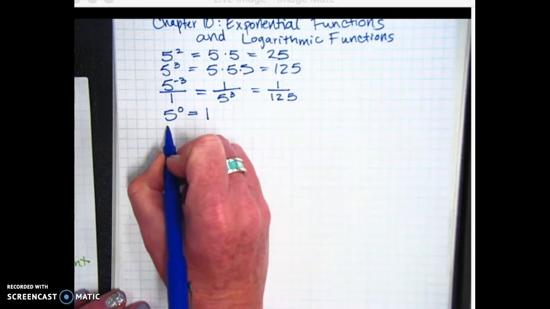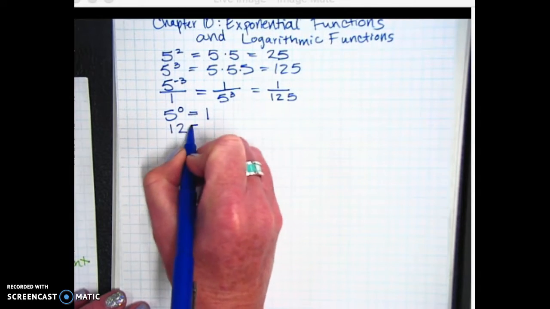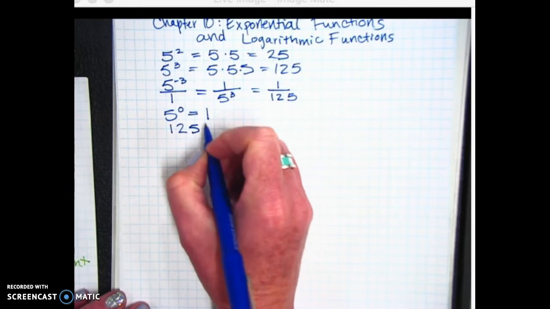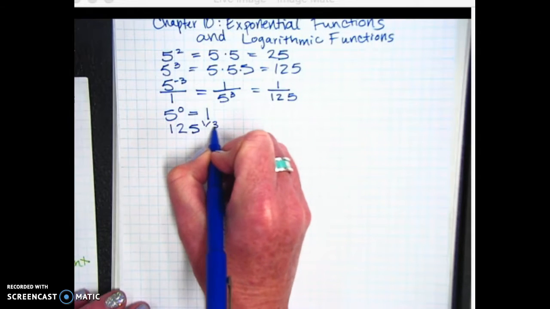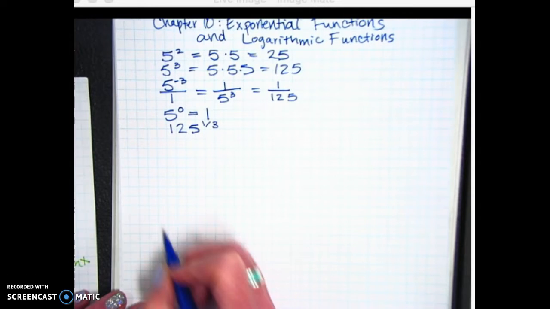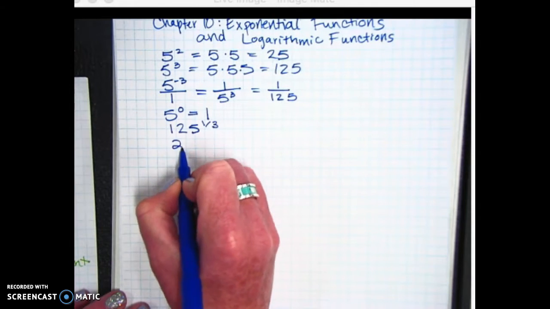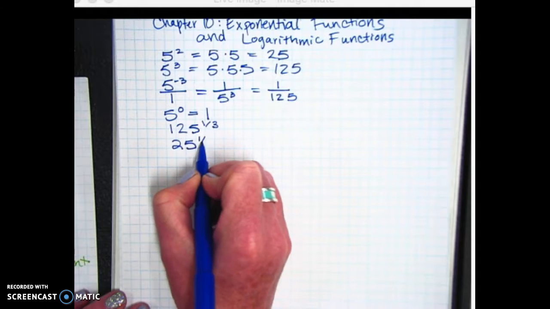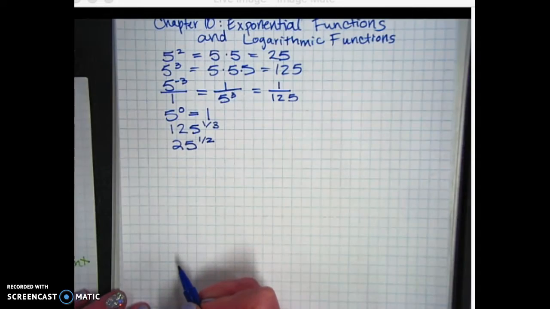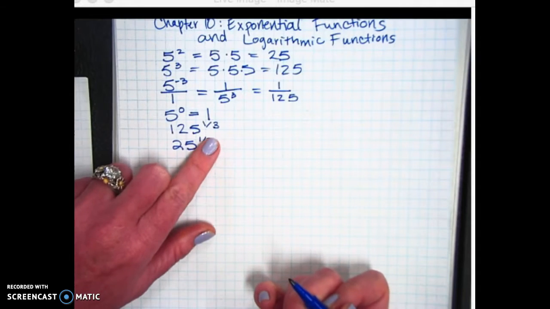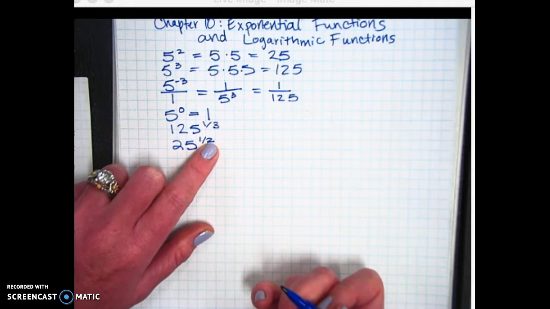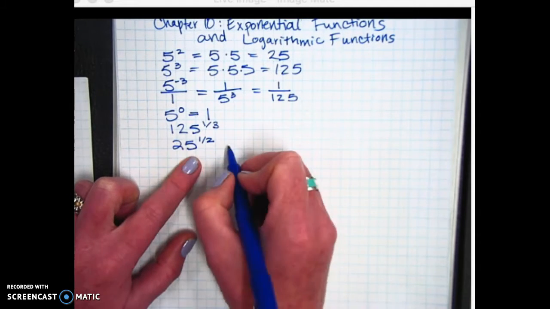All right, now let's talk about fractional exponents, like 125 to the 1/3 power, or 25 to the 1/2 power. Basically whatever the denominator is going to be your root.